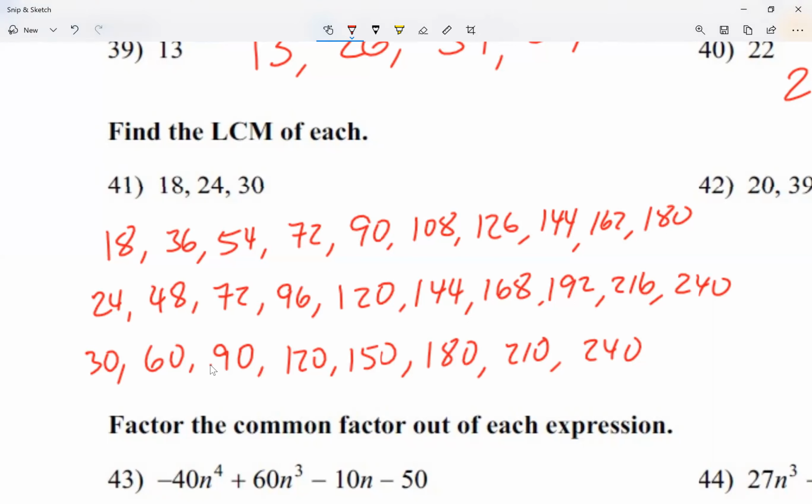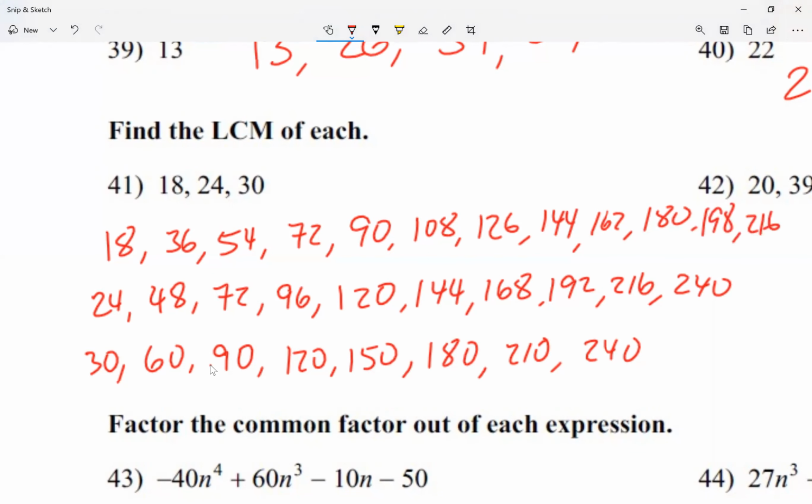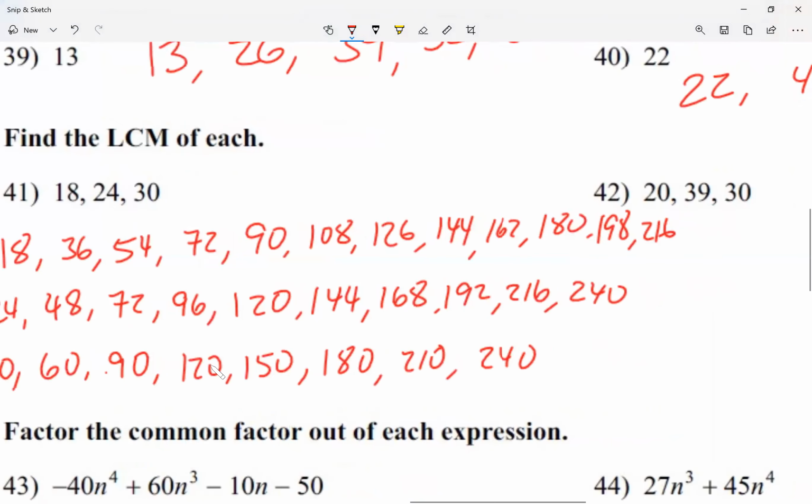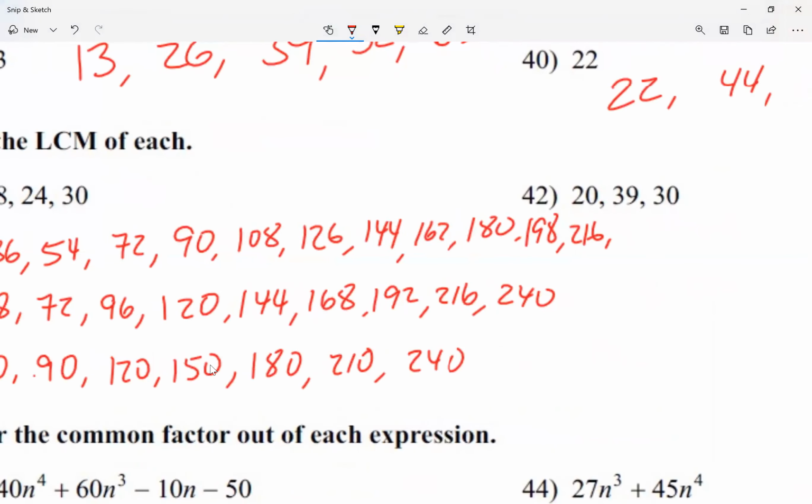Okay, so I need to make one of my lists bigger. I have to make them bigger. Let me make my first list, we stopped at 180. Let me add 18 more: 198, 216, 234, 252, 270.